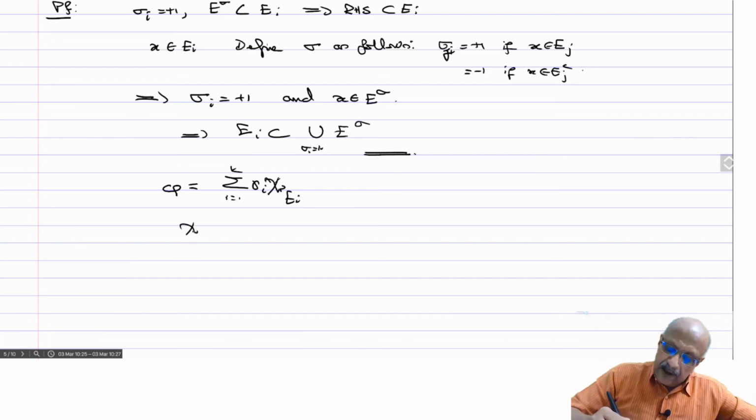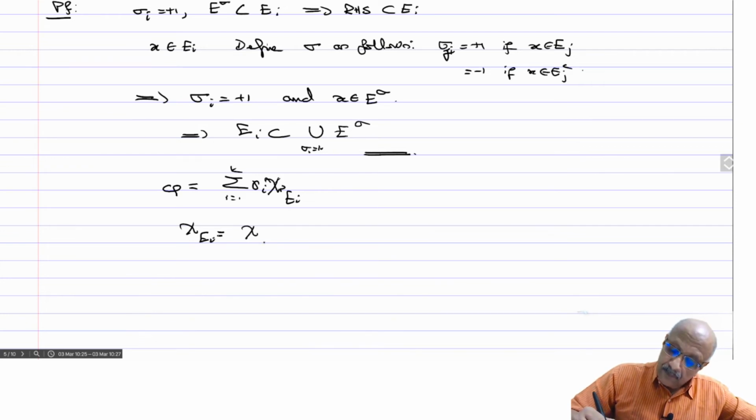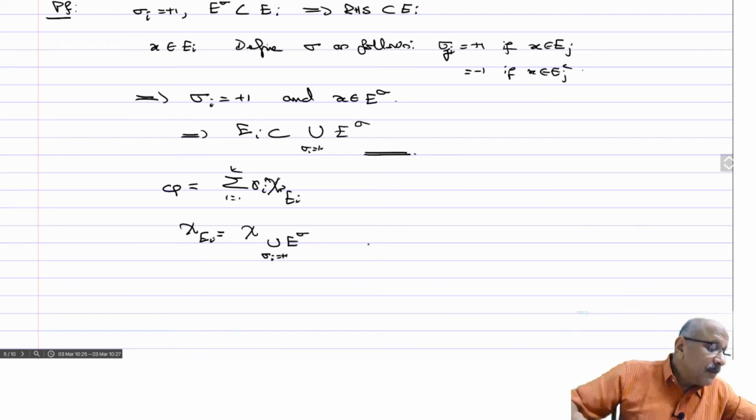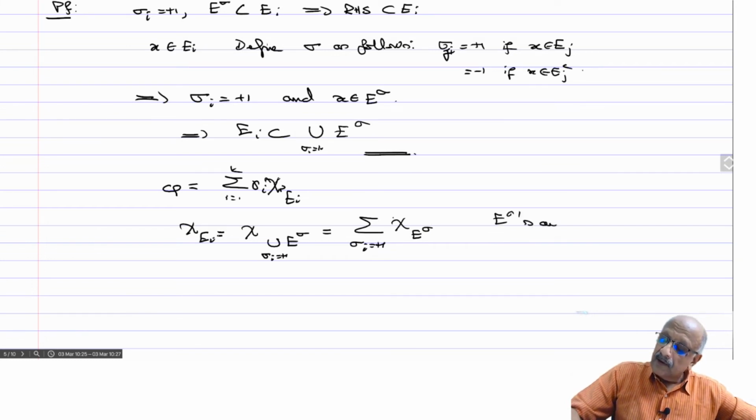Now chi of E_i, by this lemma, is equal to the union of E_sigma, and that's equal to the sum over sigma with sigma_i equal to plus 1 of chi of E_sigma, because all the E_sigmas are disjoint.